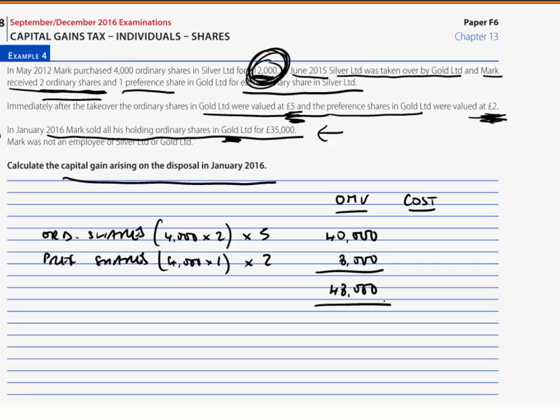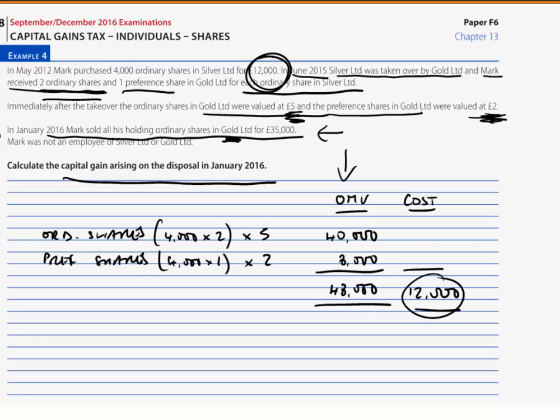Okay, now why do we need to know that information? Because it is on the basis of those market values that we then take the cost of the Silver Limited shares, which was £12,000, and divide that cost between the ordinary and the preference shares now held within Gold Limited.